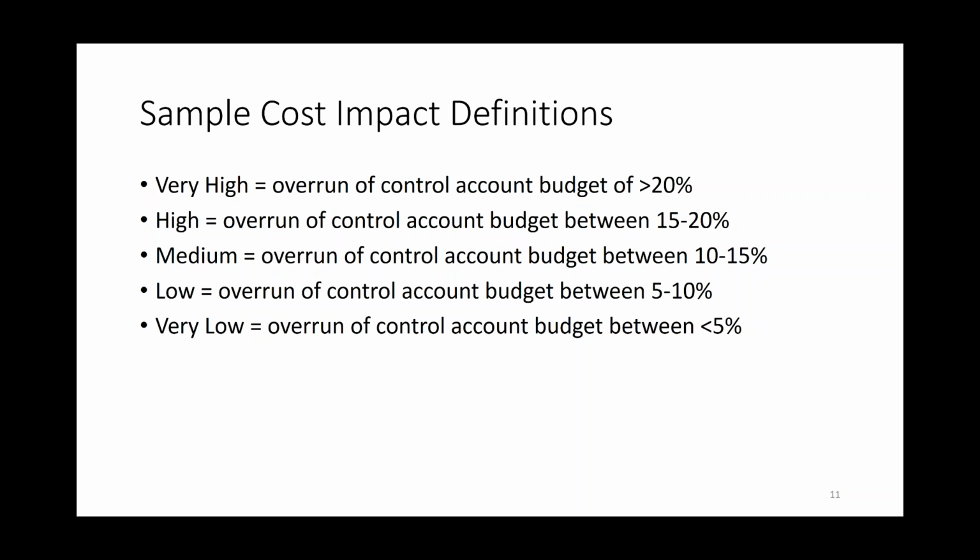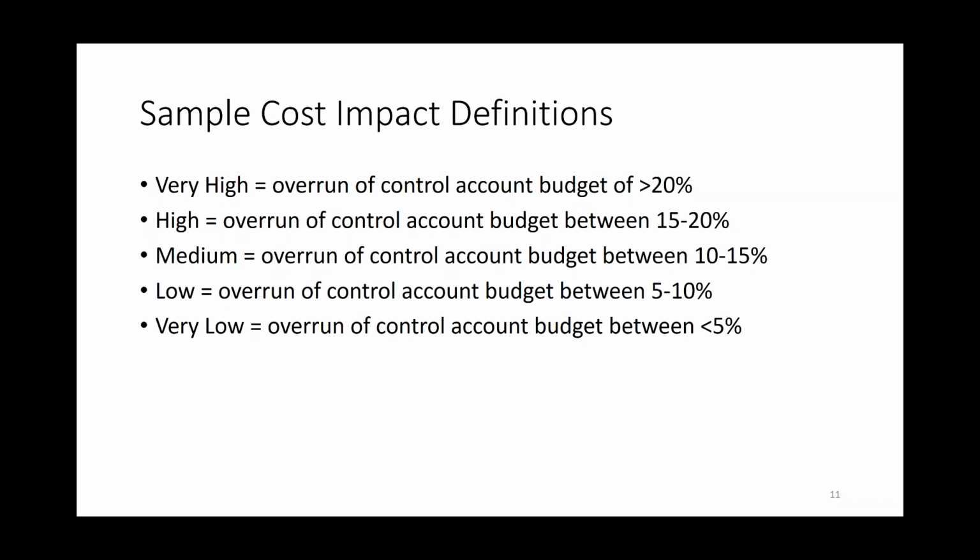And low might be uses all the float for an activity not on a critical path. Medium schedule risk might be goes over the estimated duration of an activity on the critical path by 10%. Or you could say by 3 days. And then high might be by a week, and very high might be of greater than a week, right?